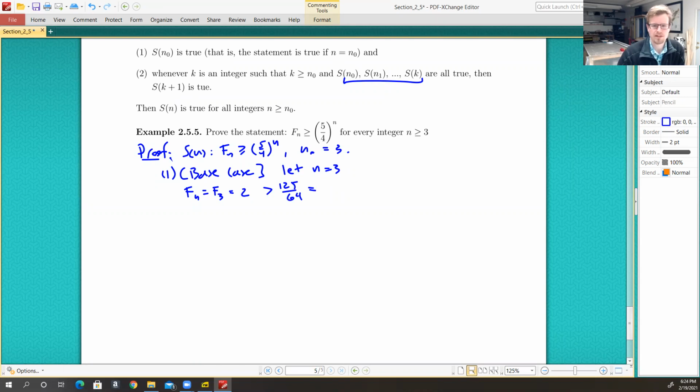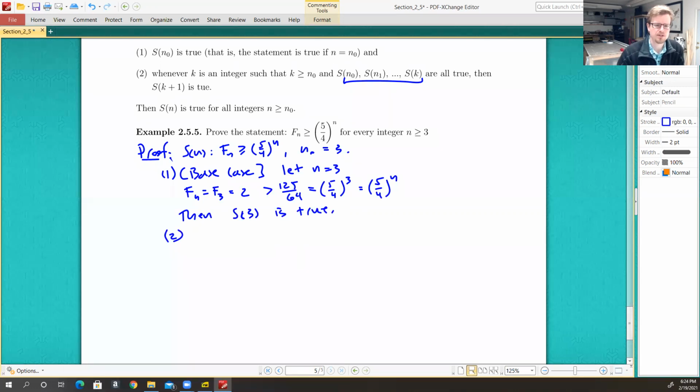Well, we got that number by taking 5/4 and cubing it. Why did we do that? Well, that's exactly what we wanted here, right? That's 5/4 to the n. So that allows us to say that S of 3 is true. So the base case is satisfied.